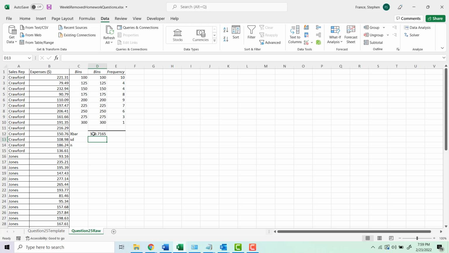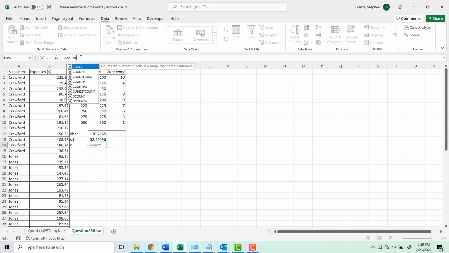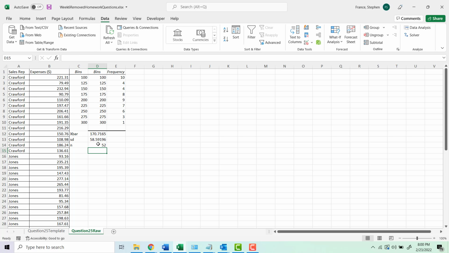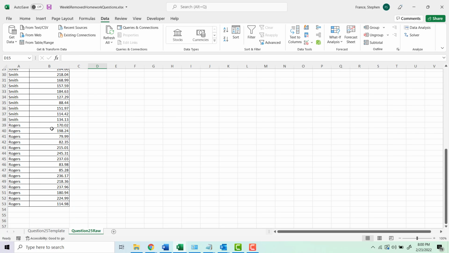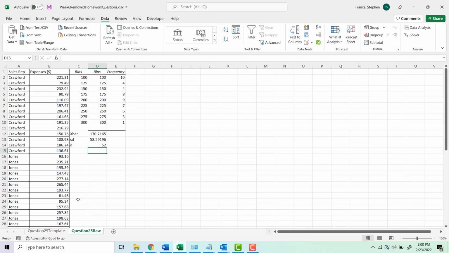So that's our average. Let's copy our cells. Next we're going to have the standard deviation for our sample, so STDEV. That's our standard deviation. And finally, we want how many items we have, because we need this when we calculate the chi-squared. So B2 to B53, we have 53 items.